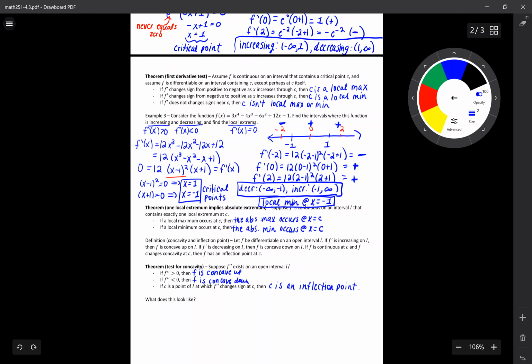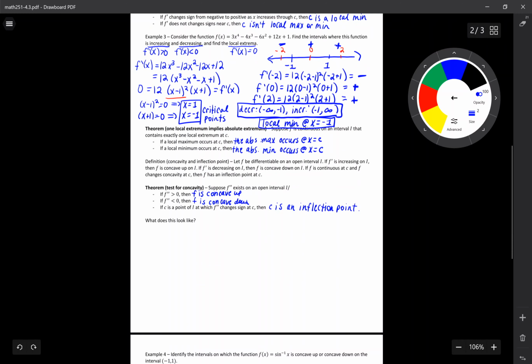So what the heck does all of this look like anyway? What does it mean for a function to be concave up or concave down? So let's draw a few pictures here of some different graphs. So what if I have something like this? Well, this here is my critical point, right? Because it's a local max or a local min.